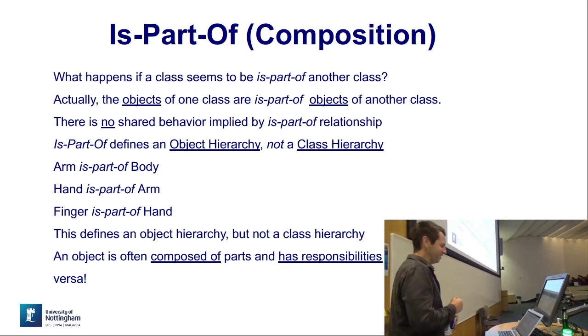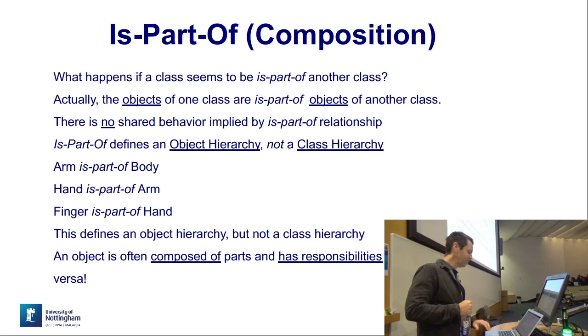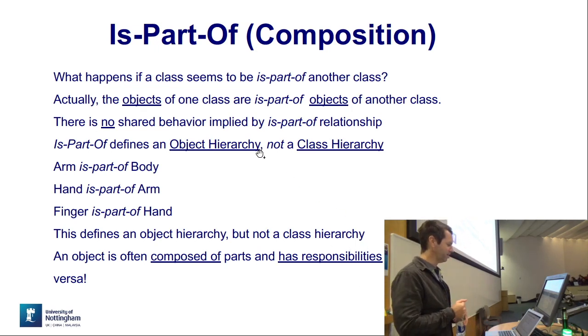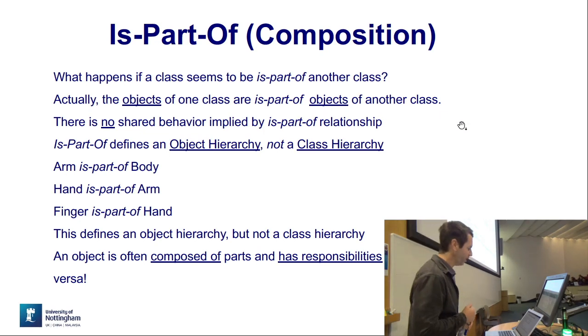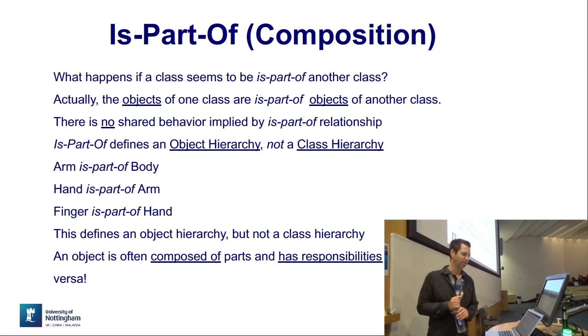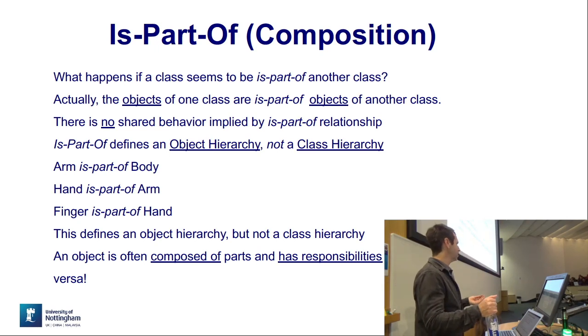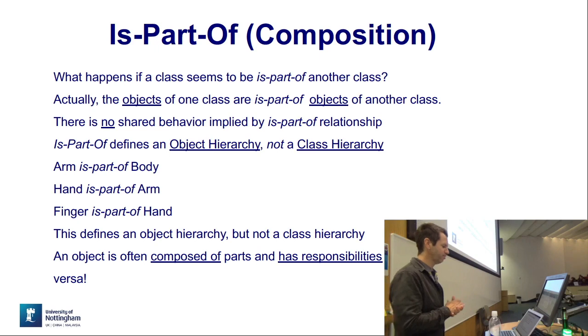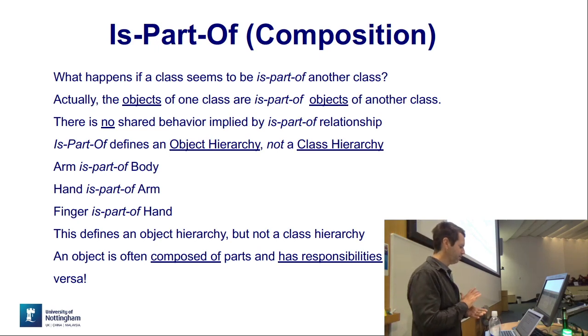You'll see it happen. The objects of one class are part of objects of another class. There's not necessarily any shared behavior, right? My hand doesn't have to share behavior with my arm. They don't have the same responsibilities. Arm is part of the body, hand is part of the arm, finger is part of the hand.